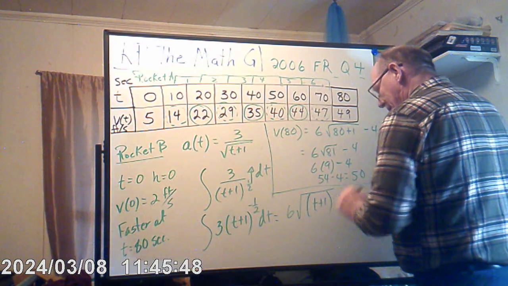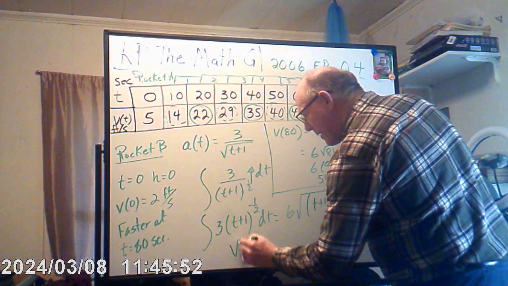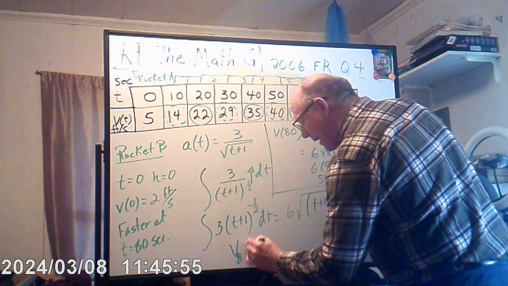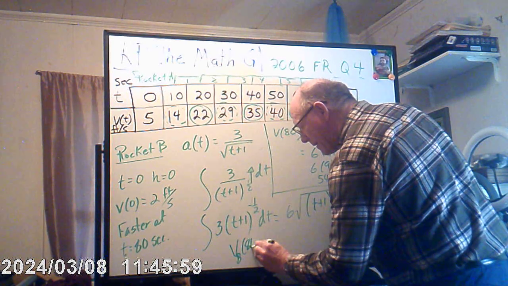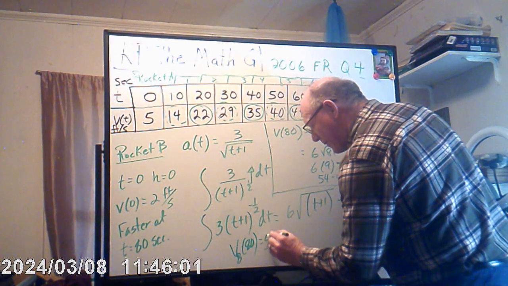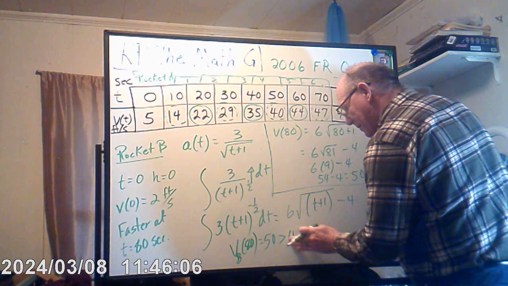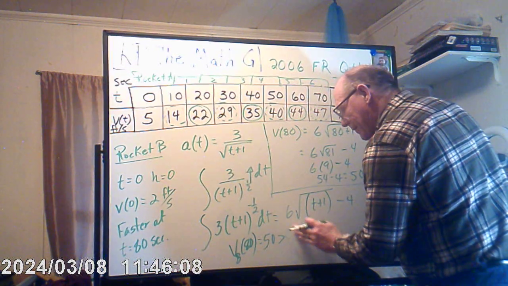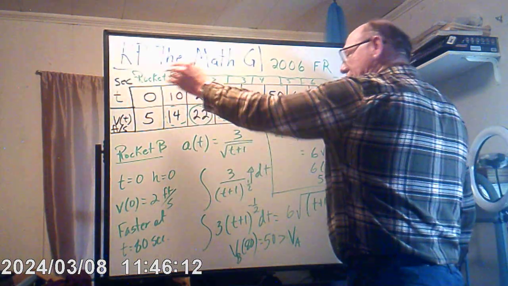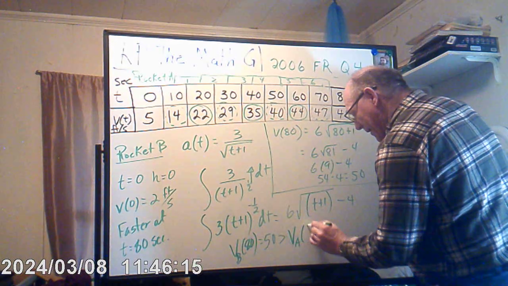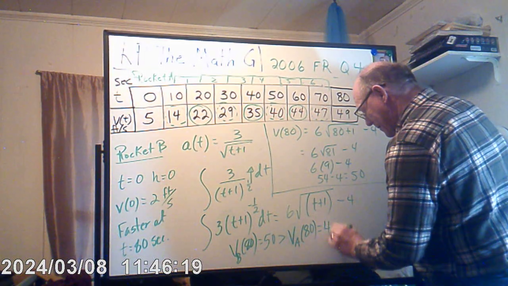So in other words, VB at t equals 80 is equal to 50, and that's greater than VA, rocket A at 80, which is equal to 49.